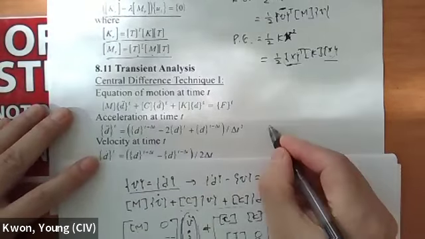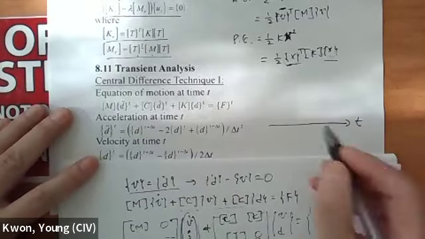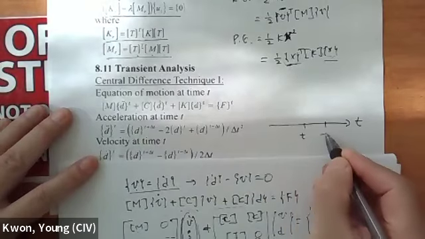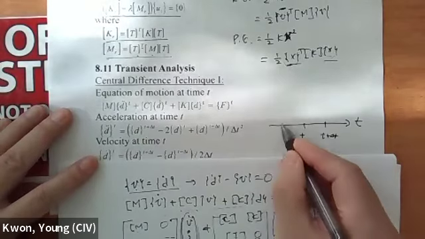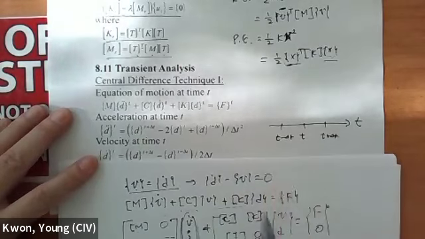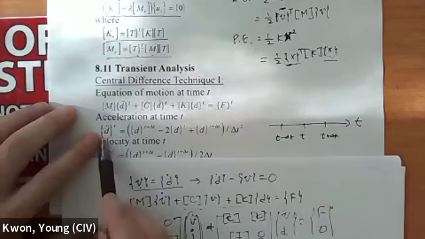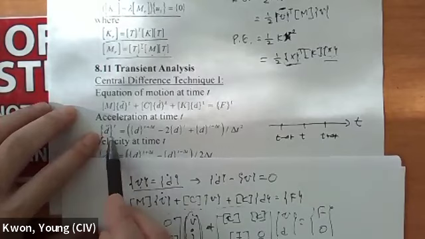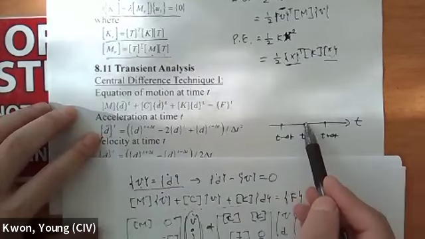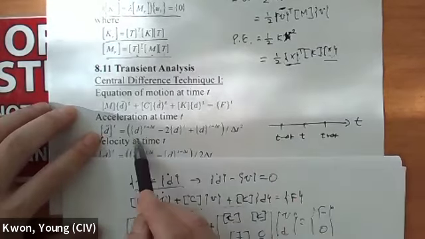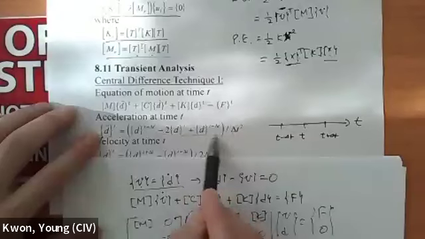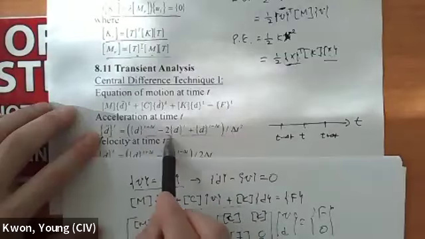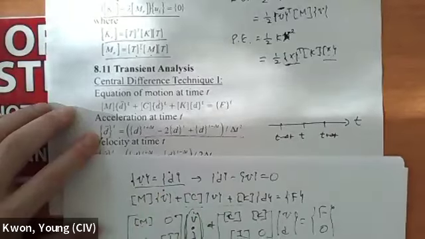So here, if this is going to be time axis, then t plus delta t and t minus delta t, then acceleration at time t is this one. Have you seen that one, or you want me to develop this equation?